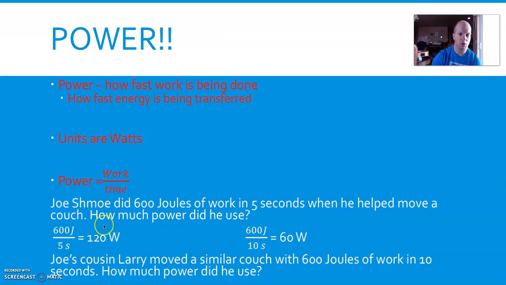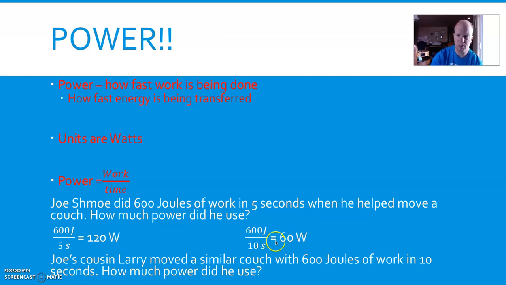We've got Joe Schmo and Joe's cousin Larry, all right? So Joe Schmo did 600 joules of work in 5 seconds. So if we do the math, right here, that means that Joe Schmo used 120 watts of power, okay? Now, Joe's cousin Larry did the same amount of work, right? 600 joules, but he did it in 10 seconds. It took him longer, which means we get 60 watts of power.